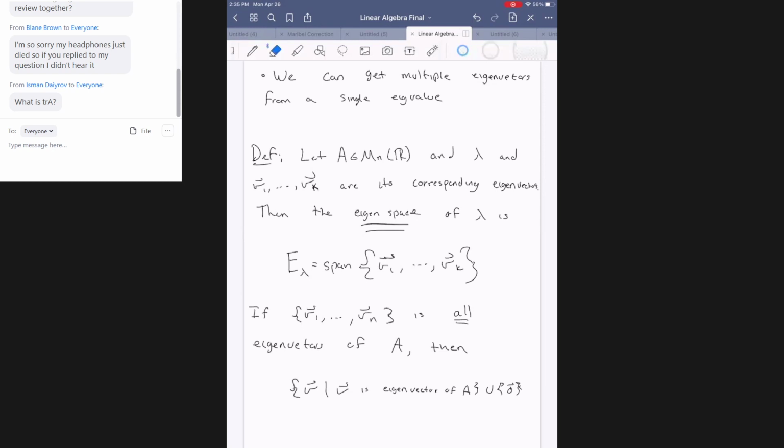Well, actually no, let's just take this: it is the eigenbasis of A. Okay, so we have two things: eigenspaces and eigenbasis.